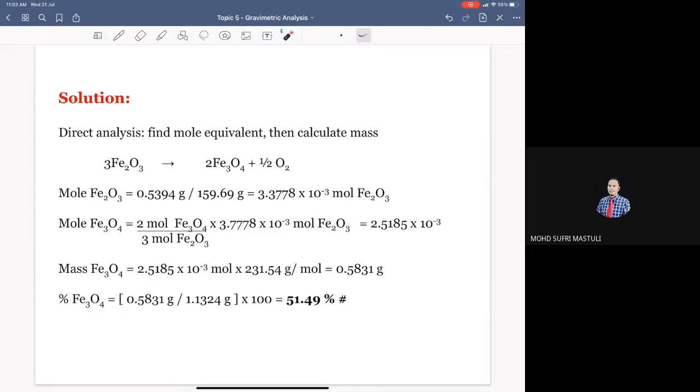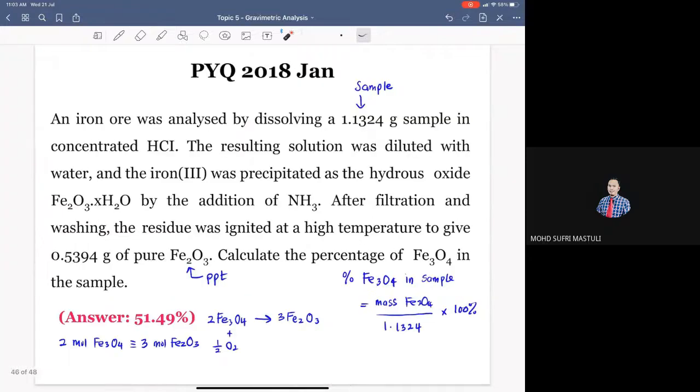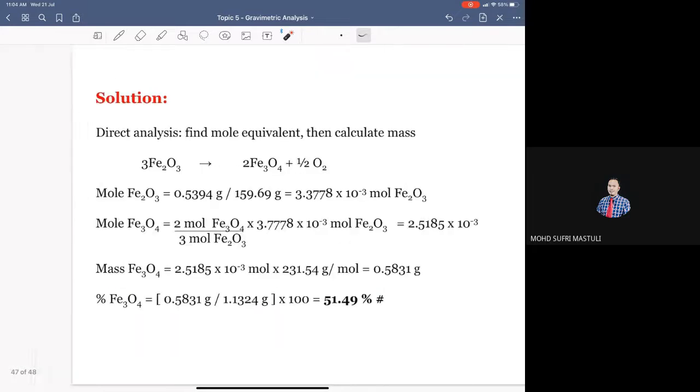Okay, this one is using the chemical factor. Okay, let's calculate by using gravimetric factor. Okay, we try.